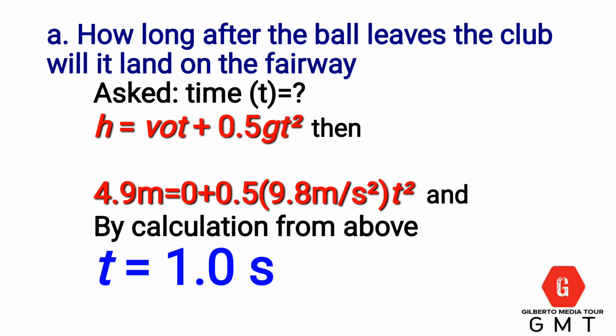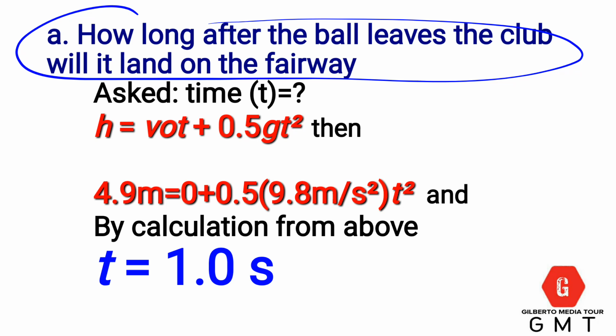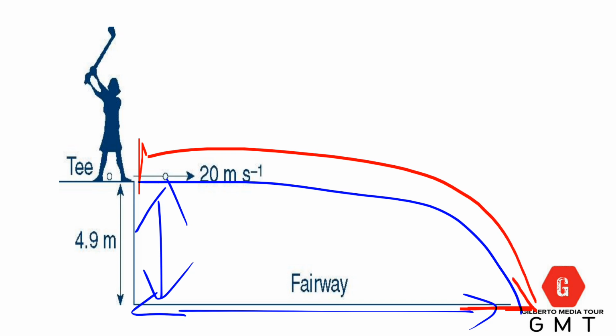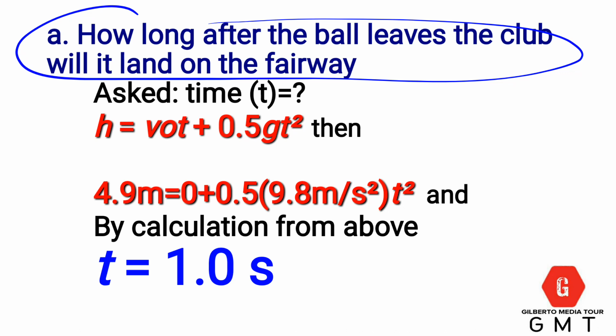For A, we are asked to find how long after the ball leaves the club it will land on the fairway. It means that we are asked to find the time used by the ball from this point to the ground, the time used to move from the elevated tee to the ground.